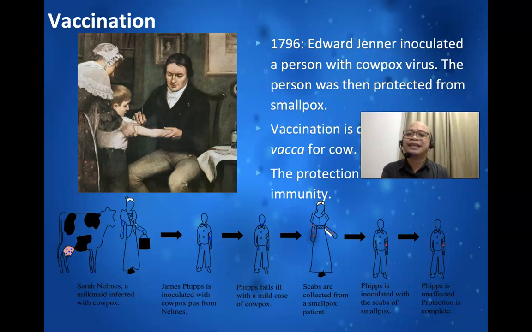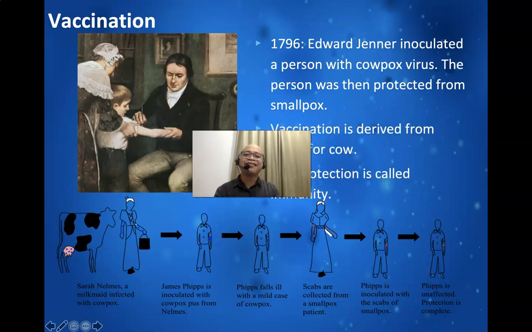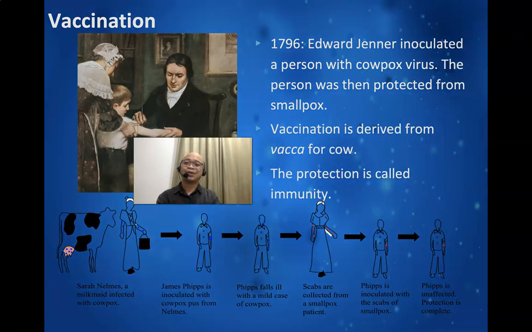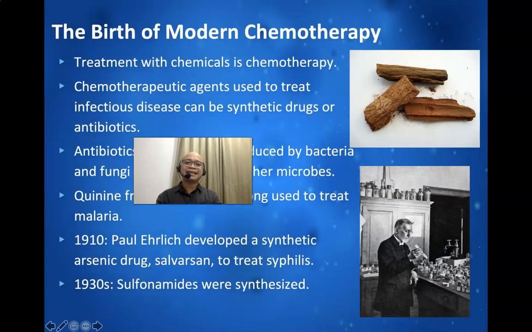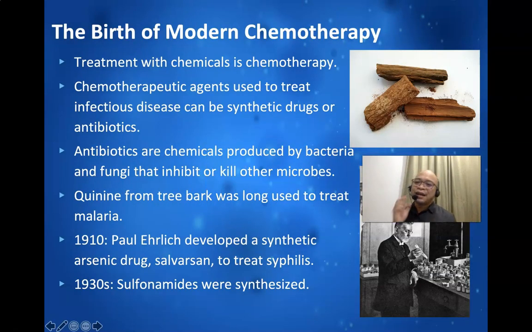And Edward Jenner became the father of immunology. So vaccination is derived from the word vacca, which means cow. And then now we have the birth of modern chemotherapy. Treatment with chemicals is called chemotherapy.